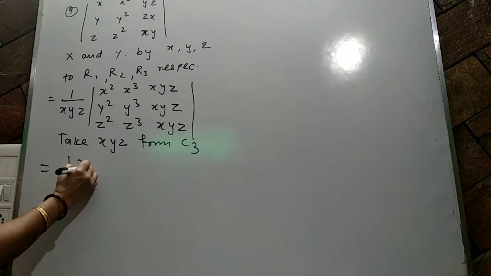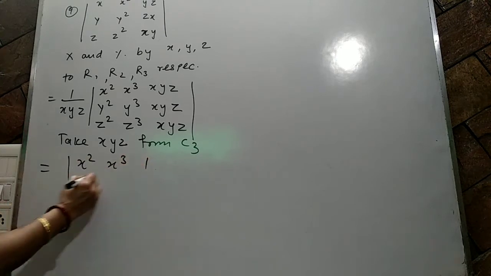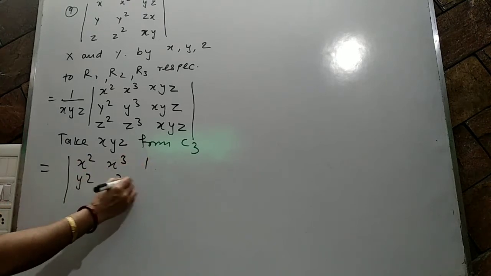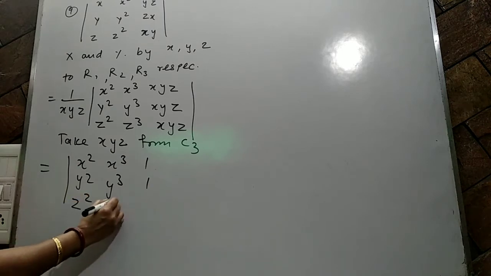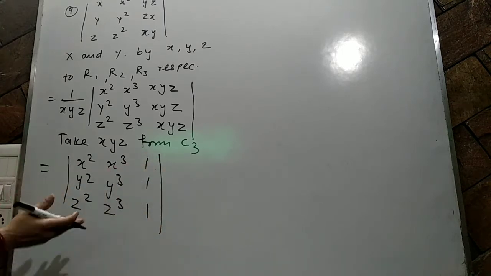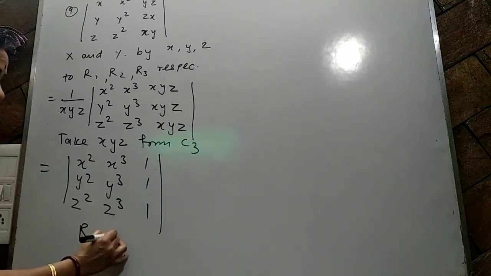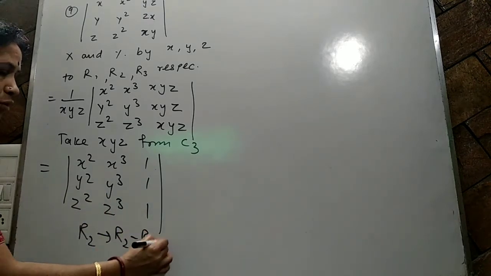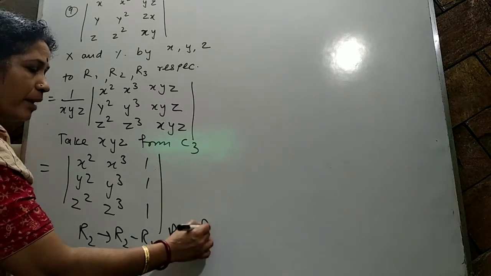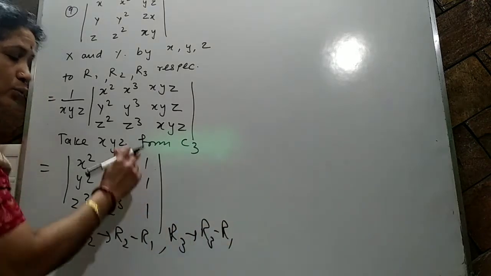So we will get x square, x cube, 1, then y square, y cube, 1, then z square, z cube, 1. Now you can make zeros very easily. R2 can be written as R2 minus R1 and R3 can be written as R3 minus R1, so that we will get 2 zeros.